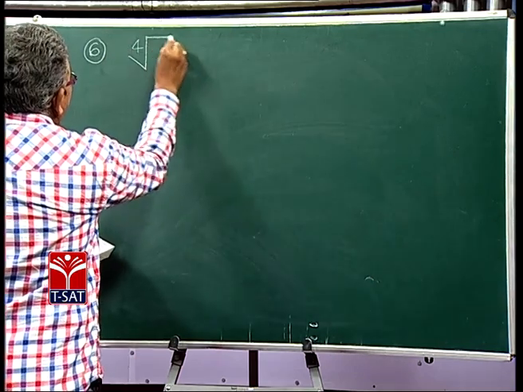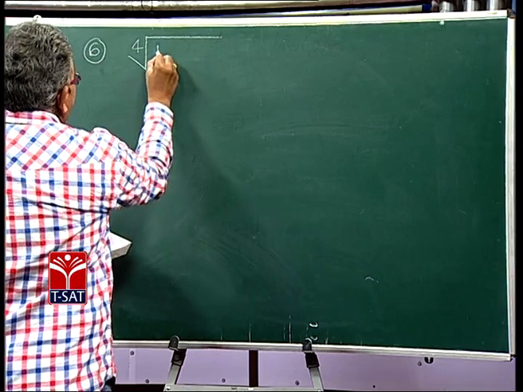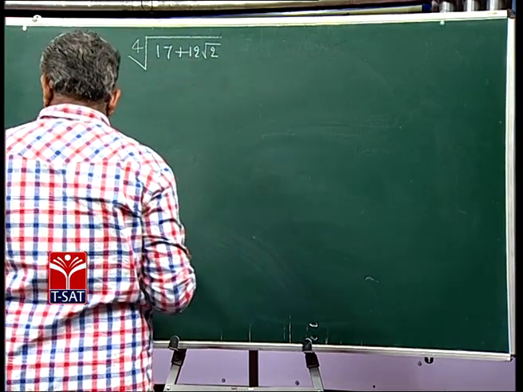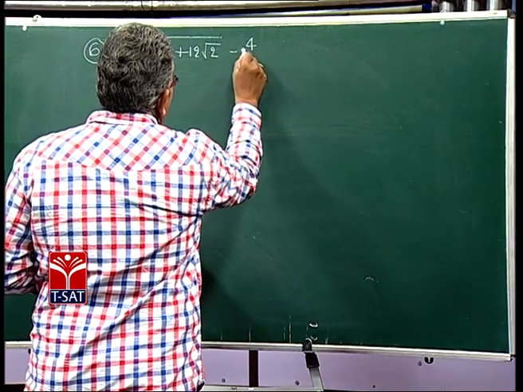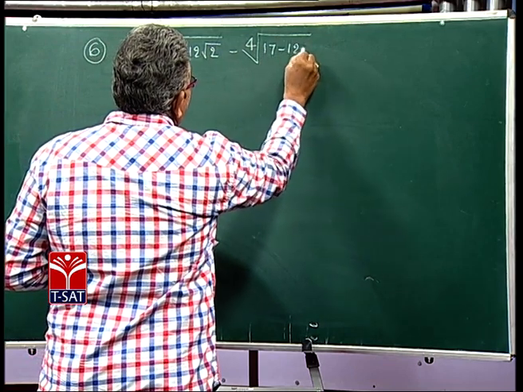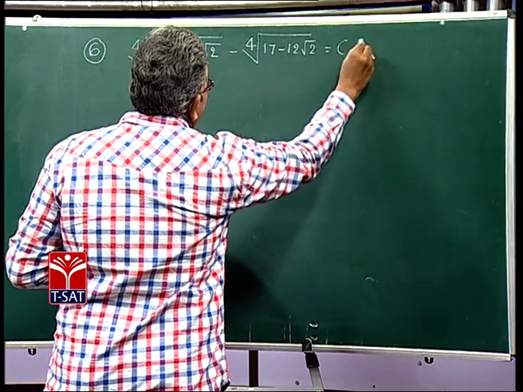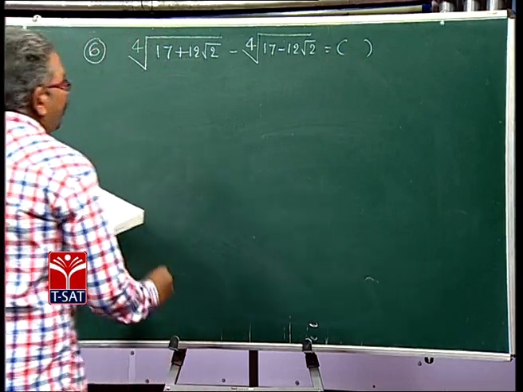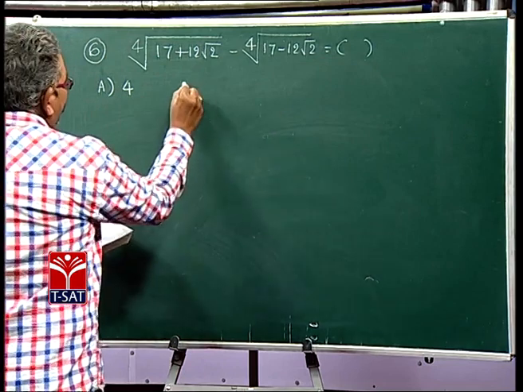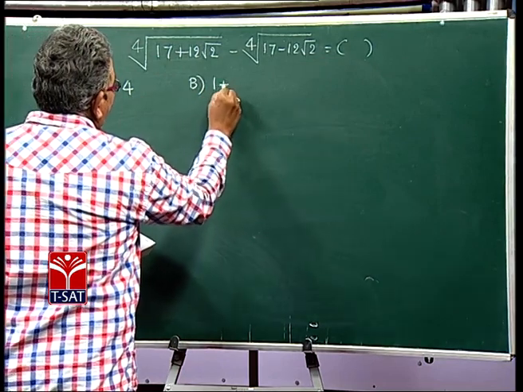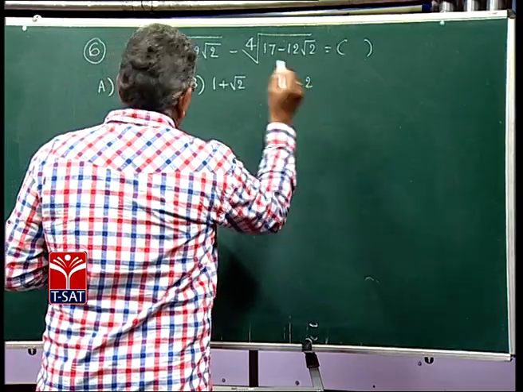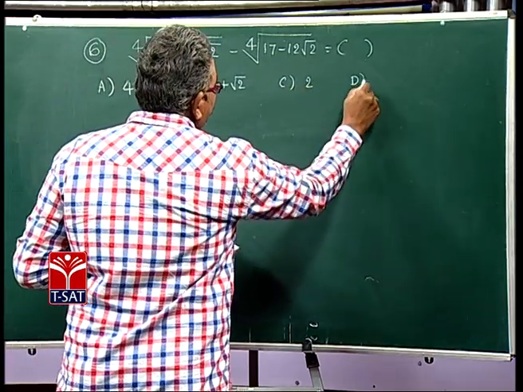Next question: the fourth root of 17 plus 12 root 2 minus the fourth root of 17 minus 12 root 2. Options: A 4, B 1 plus root 2, C 2, D 17.